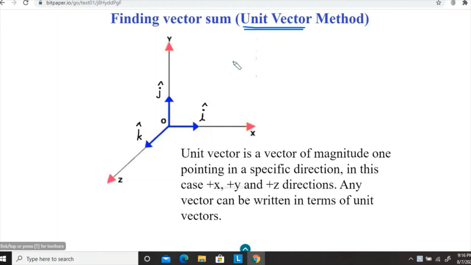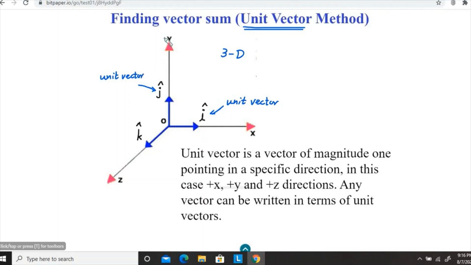For example, in 3 dimensions, you know there are 3 coordinates, like the x direction, the y direction, and the z direction. So these directions can be quantified using these unit vectors. Now this i hat, you can see there's a tiny hat, so this is a unit vector. This is actually the unit vector along the x direction. So j hat is the unit vector along the y direction.